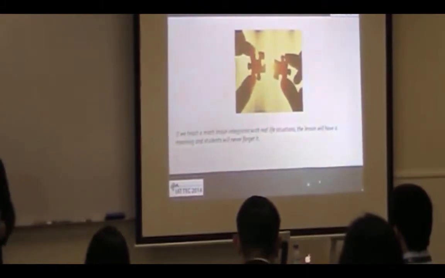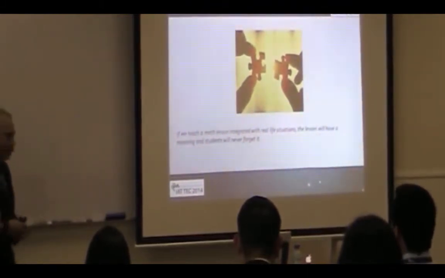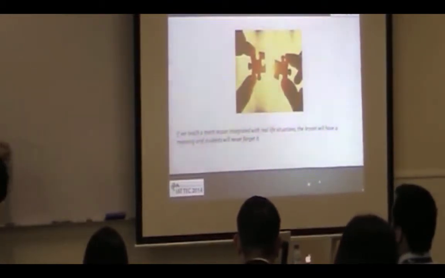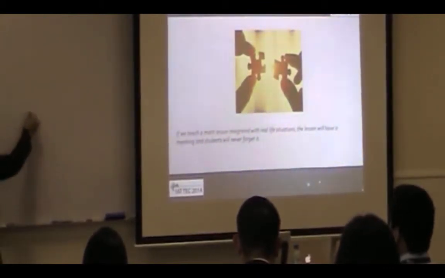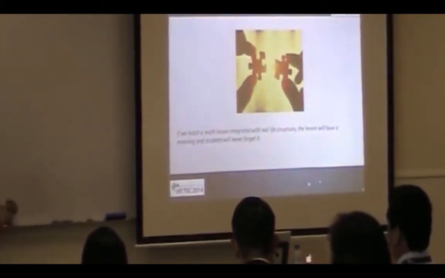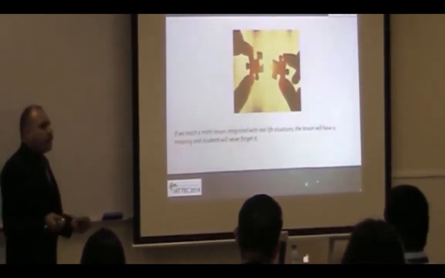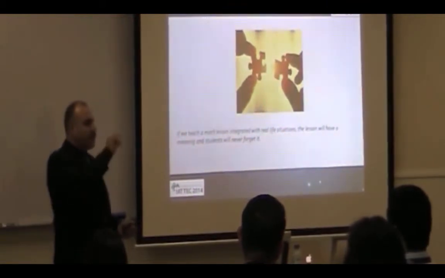if we teach the Pythagoras theorem, normally I come to my class and draw the triangle, and I say the hypotenuse squared equals the sum of the squares of the 2 other sides. In this case, the theorem has no meaning for my students. It's just pure mathematics.